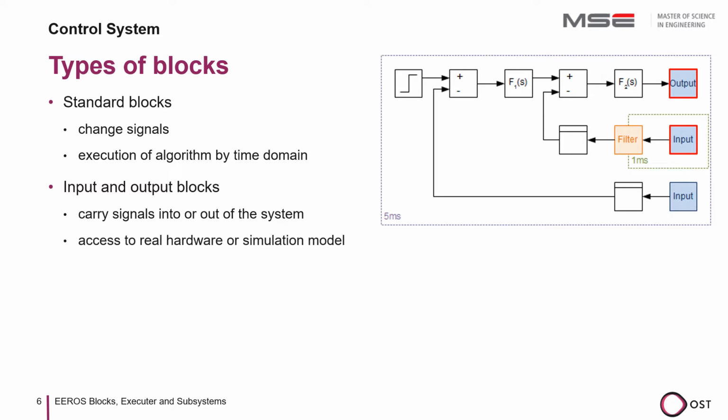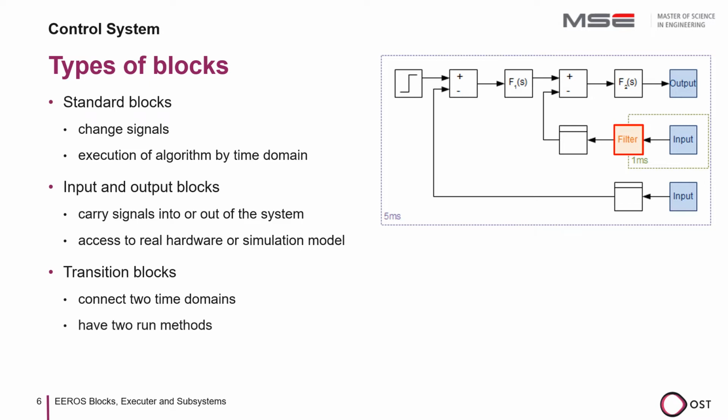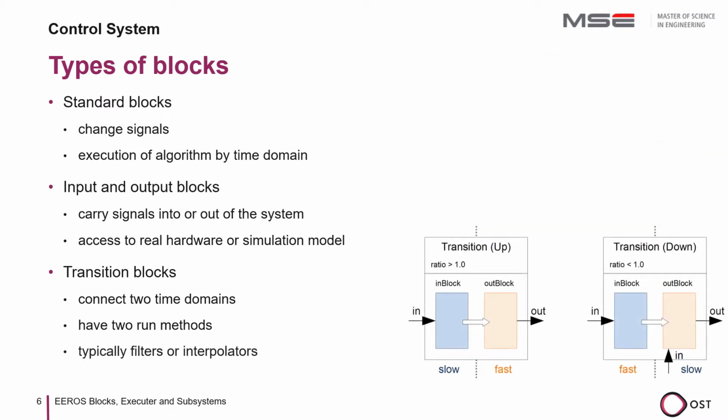Instead of connecting inputs and outputs to real hardware, they can also be connected to simulation models. Transition blocks are for transferring signals from one time domain to the other while keeping the time constraints in mind. Since they are called from two different time domains, they must also have two run methods.